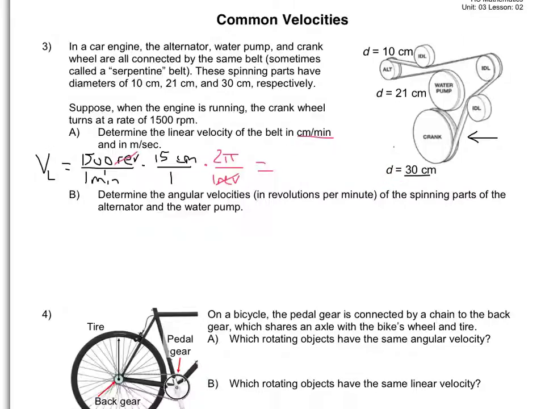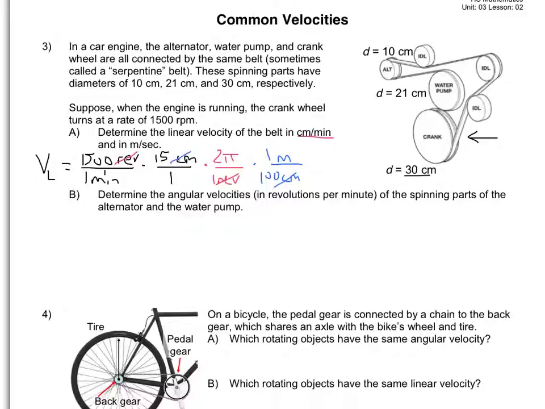Now, you can multiply that out, but to go to meters per second, well, there's 100 centimeters in 1 meter, so 1 meter is 100 centimeters, and what I like to do is cancel things out as I'm moving across.